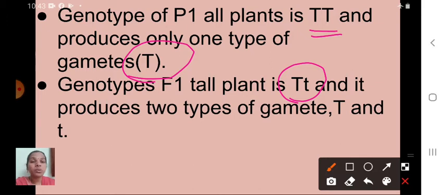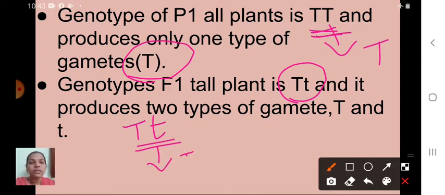And it produces 2 types of gametes. The parent contains capital letter T, and it produces only one type of gamete, that is capital letter T. But here in the F1 generation also the plant is tall, but the genotype is capital letter T, small letter t. And here 2 types of gametes are formed. One is tall, and another one is the gene of the dwarf plant. Understood now? Yes. Shall we go to next?